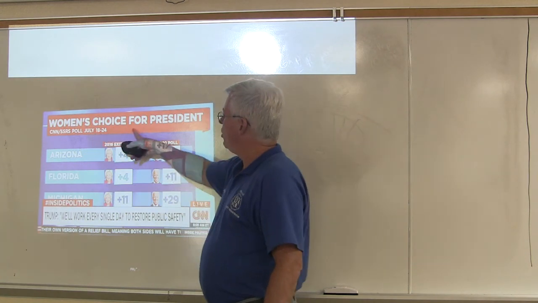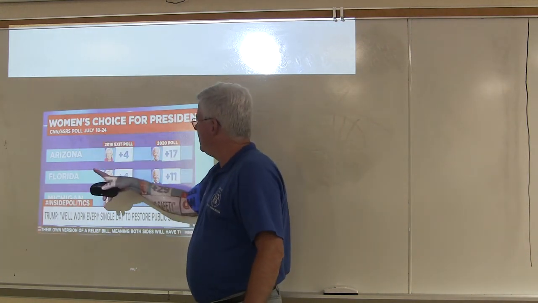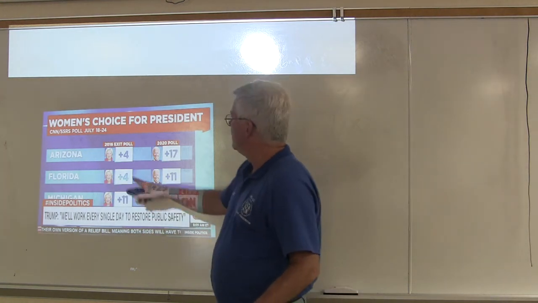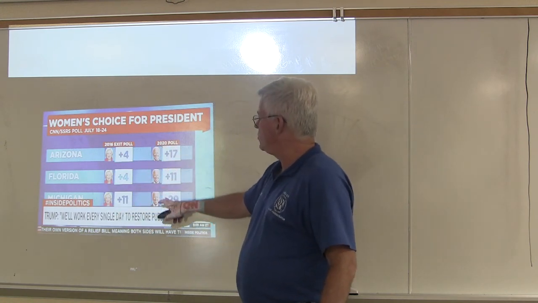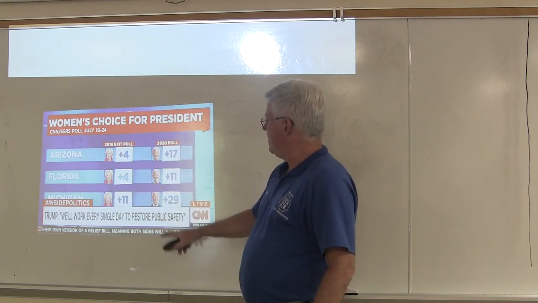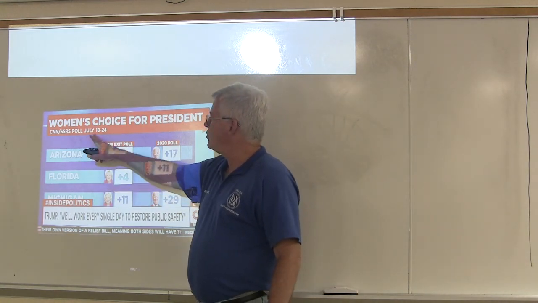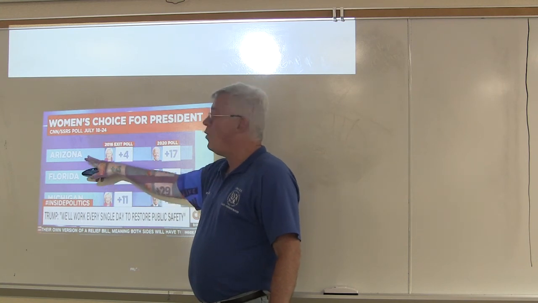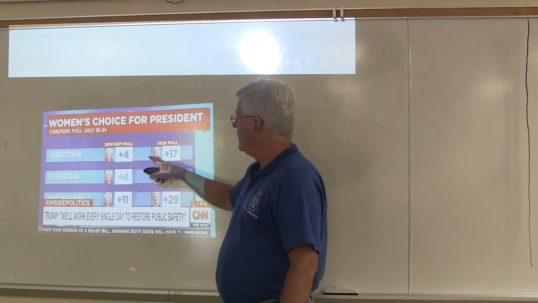All right, this is a poll from when? From July 18, this is back in July of 2016, and then July of 2020. Is this scary news for Trump? So, in July 2016, women in Arizona were for Clinton by +4.